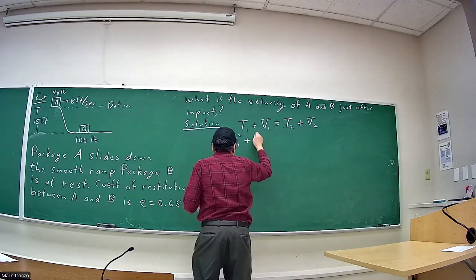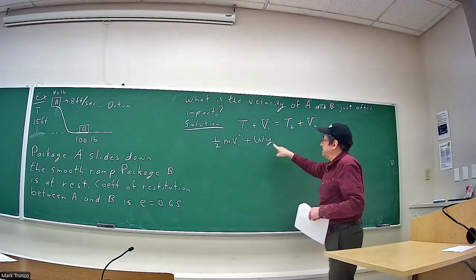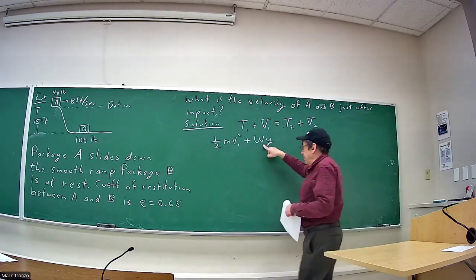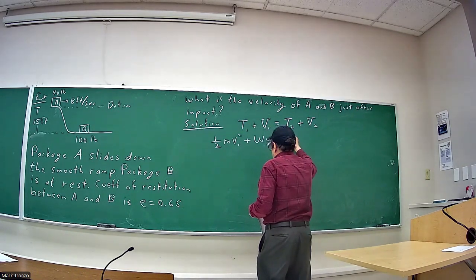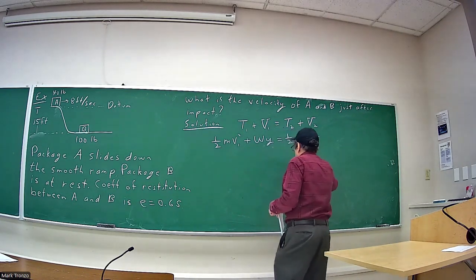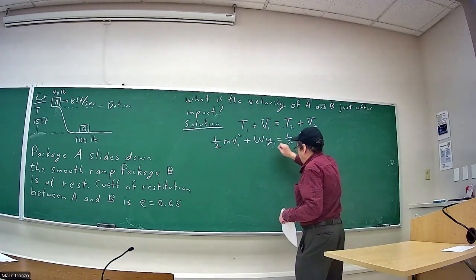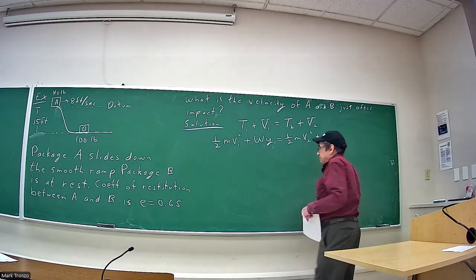Remember, that's going to be like our weight times our distance above the datum line. In this case it is going to be 0 when we're starting here. And then 1/2 m v2 squared. And I should maybe call this a y1 and call this a y2 here.